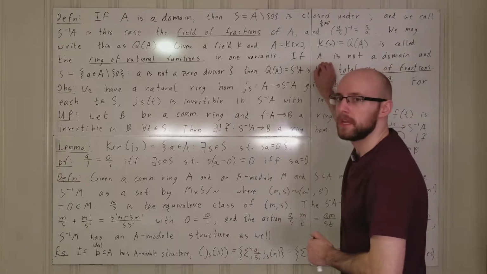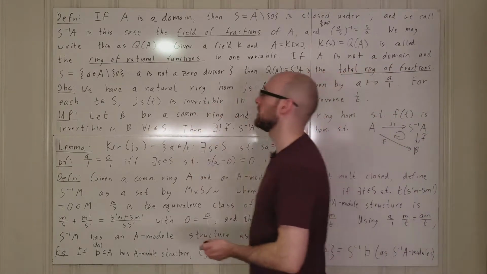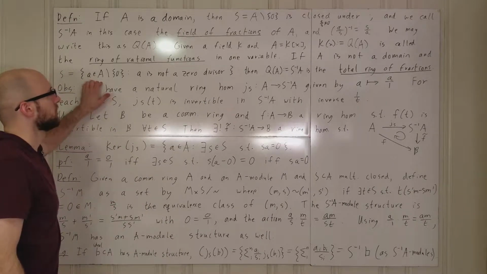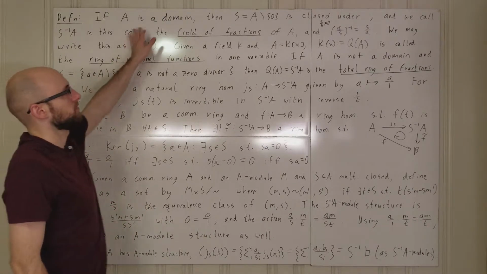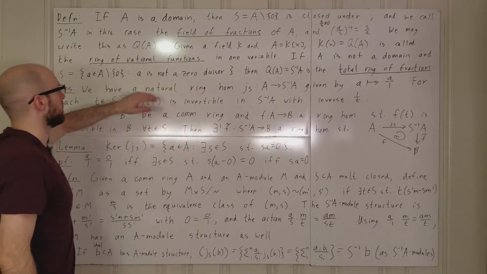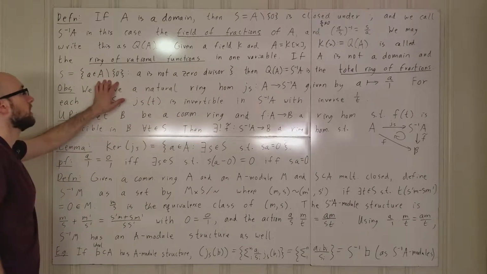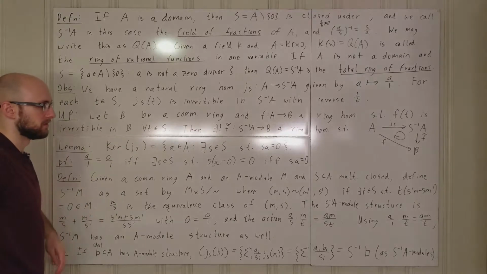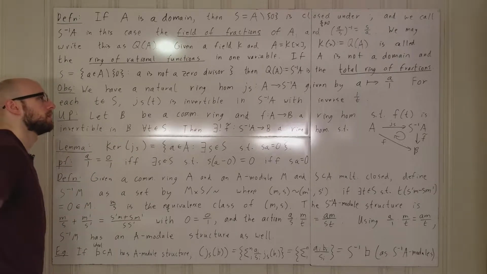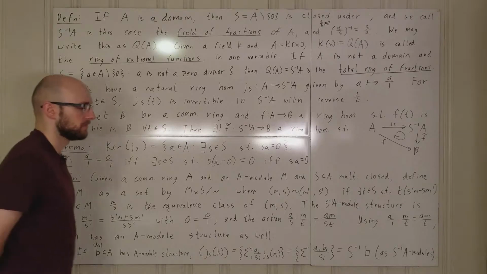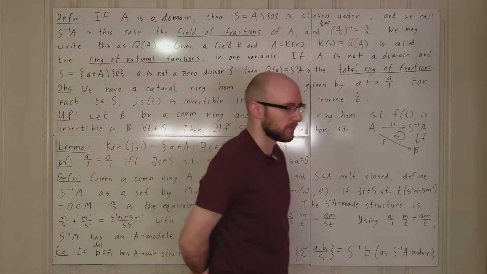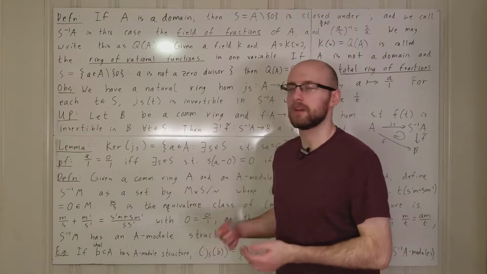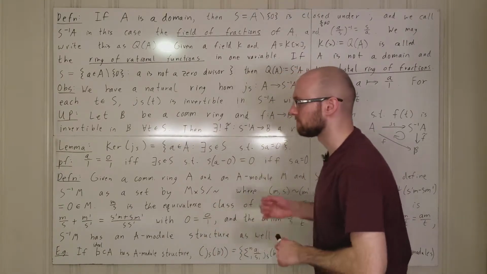If A is not a domain, we could still take S to be the set of elements which are not zero divisors. If it is a domain, we're just back to this case. I forget our terminology for whether zero is considered a zero divisor; that's one of those weird things that comes up in definitions.